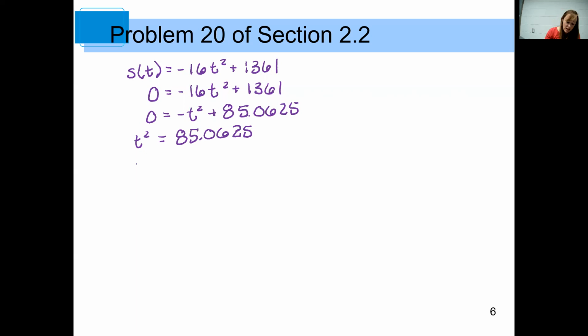From there, we just want to take the square root of both sides. Of course, we end up with two possible values for t. However, we're not going to consider the negative because we don't have negative time, since we're dealing with a finite value of time.